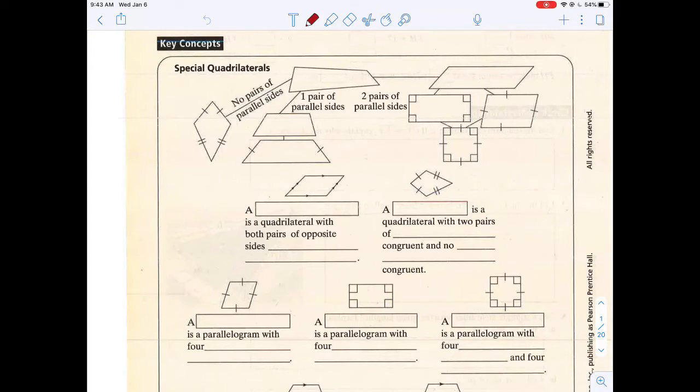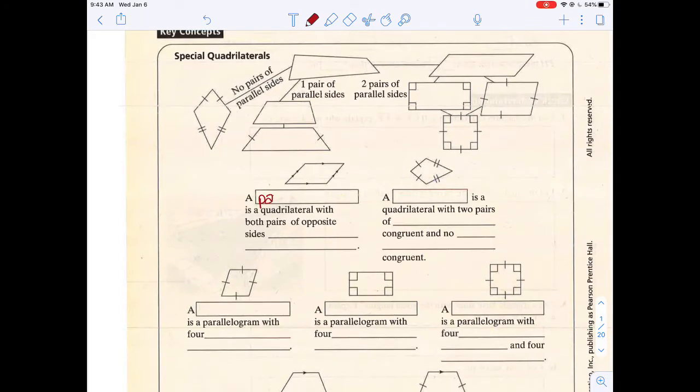Within those we have a parallelogram. A parallelogram is a quadrilateral with both pairs of opposite sides parallel. The other option is a kite.